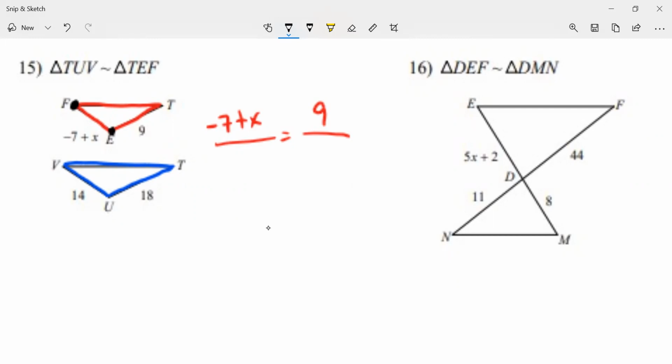So FE, EF, however they write it, this happens to be, in this case, the last two letters on the second triangle. The last two letters. So that's going to go with the last two letters from over here. So FE, the side EF, goes with the side UV. And that happens to be this one.